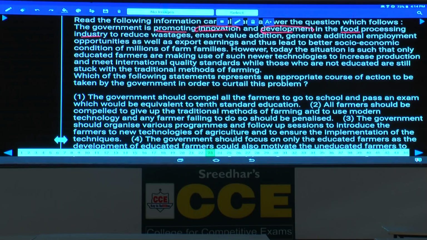In order to reduce wastage, ensure value addition, and generate additional employment opportunities as well as export earnings, and thus lead to better socio-economic conditions of whom? Of millions of farm families. So the main objective behind promoting innovation and development in the food processing industry is to better the socio-economic conditions of millions of farm families.